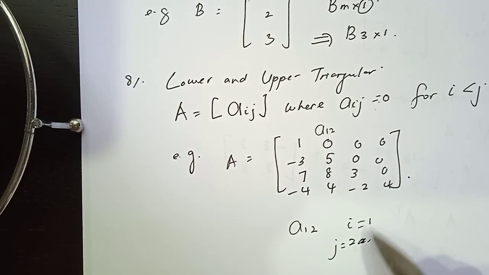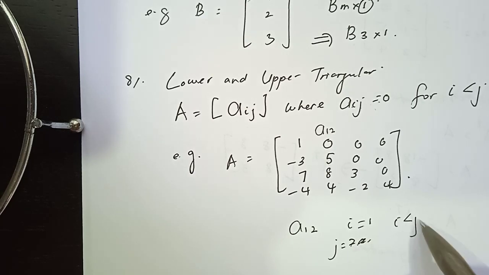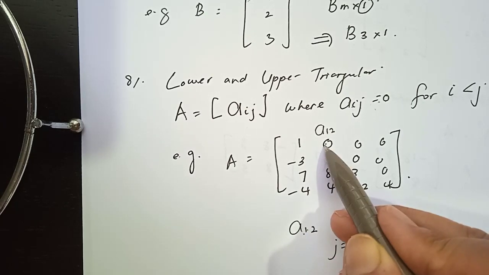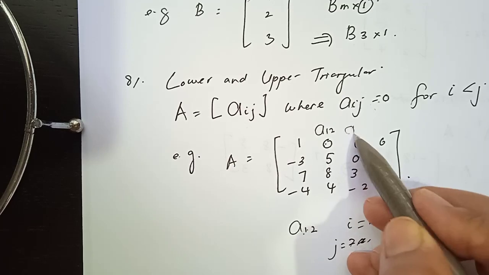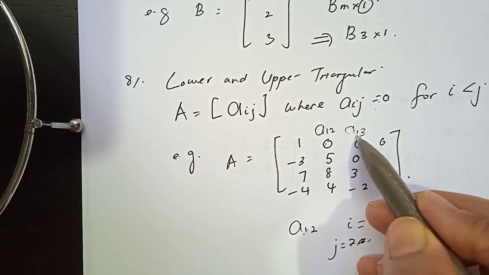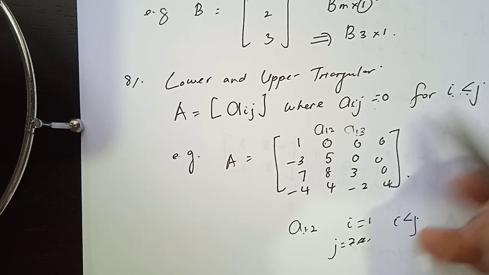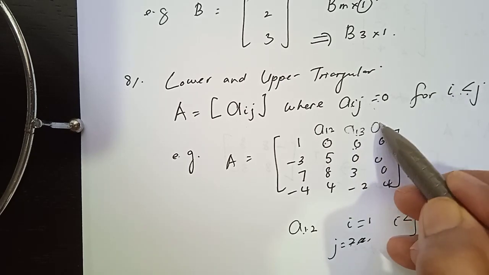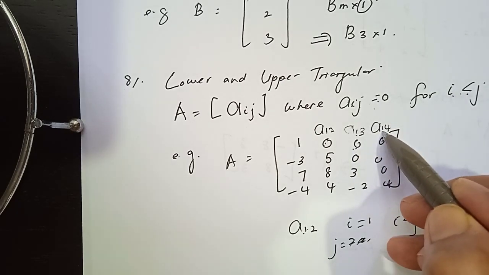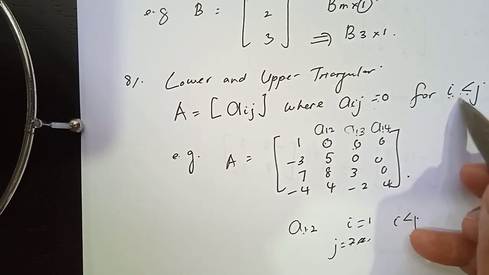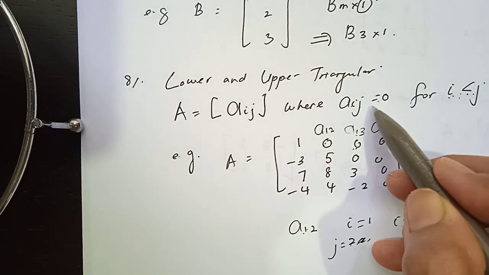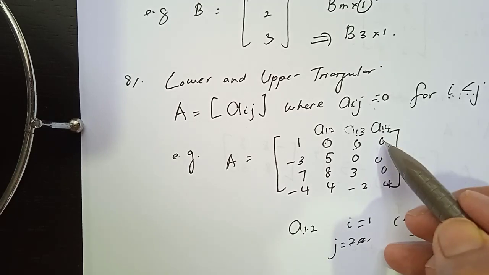So 1 is less than 2, so i is less than j. That's why a12 is 0. Here is a13. i is 1, j is 3, so i is less than j, so this is 0. Here is a14. i is 1, j is 4, so i is less than j. The value here is 0.